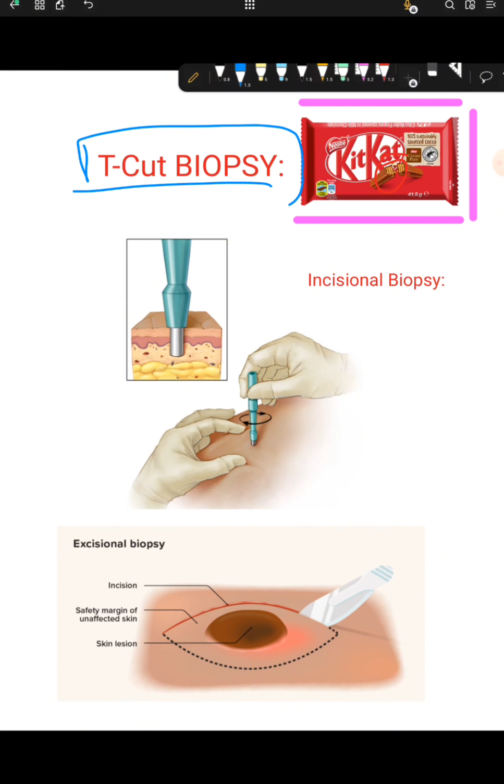So what is this? This is the true cut biopsy, and I also put the KitKat photo there. What is the difference between the incisional biopsy and the excisional biopsy?